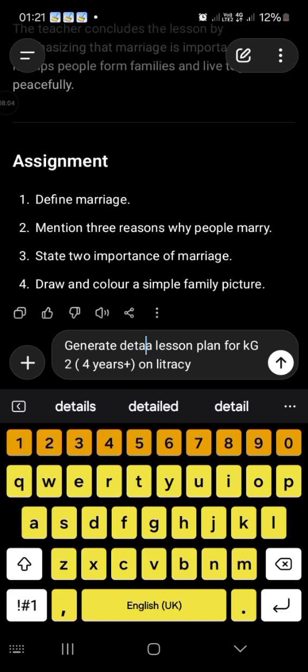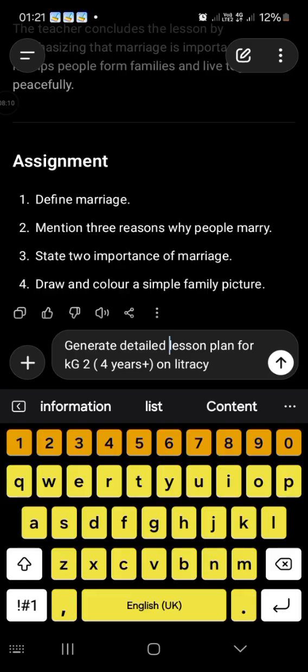Generate a detailed lesson plan for KG2, 4 years, on literacy. So in this particular question, you're telling AI to generate a lesson plan for 4 years on literacy. Then you click on your button.